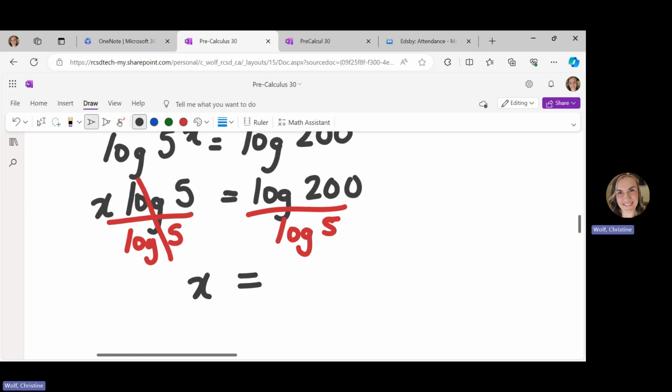You do not divide 200 by 5. That's not the way logs work, okay? If you want to actually solve this, you have to take your calculator, figure out what log of 200 is, write that decimal down. Then figure out what the log of 5 is, write that decimal down, then divide those two decimals. You do not make those a 40. It does not work, okay?